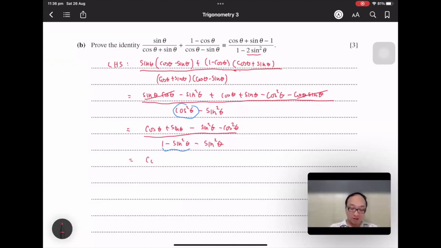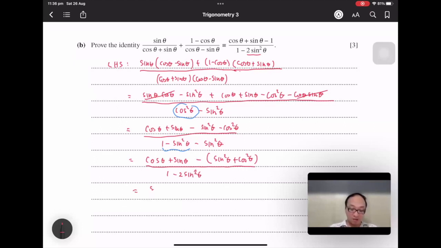And from the numerator, I can put the negative in the bracket: sin square theta plus cos square theta. So this is 1 minus 2 sin square theta.